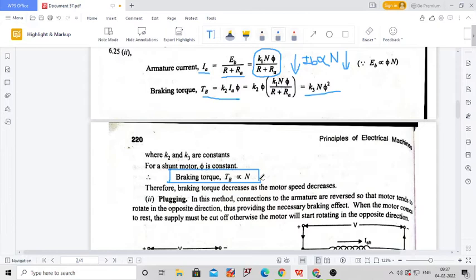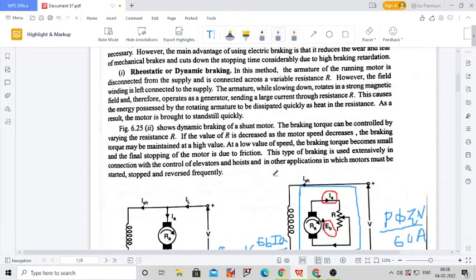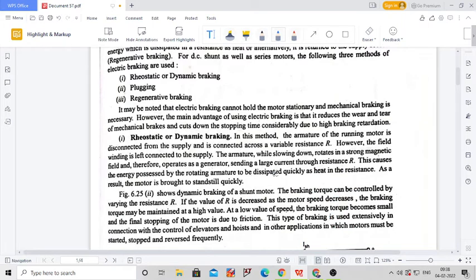Therefore, as the motor speed decreases when we apply braking, the braking torque generated by the motor also decreases. So this is about the rheostatic braking or dynamic braking of the DC shunt motor.